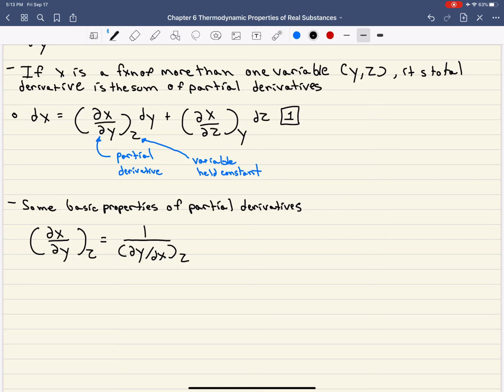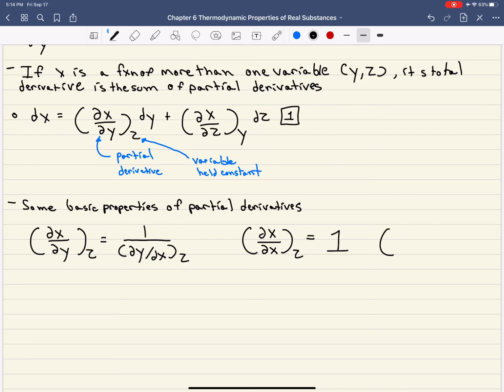All right, another thing is that if you took the partial derivative of x with respect to x, holding z or y constant, once again, think of them like fractions. These dx's would cancel. And what you would get is that it is equal to 1.